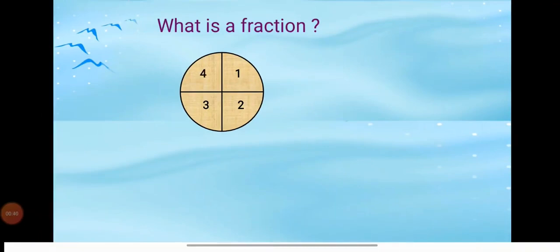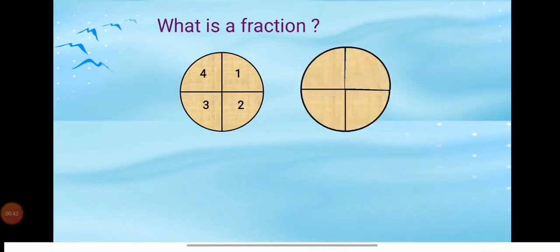Now from the same divided circle, if I take away one part, what I have done is, I have removed one part from the entire circle.